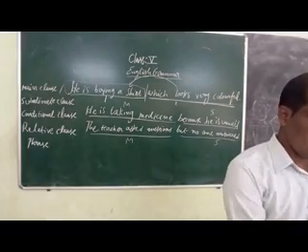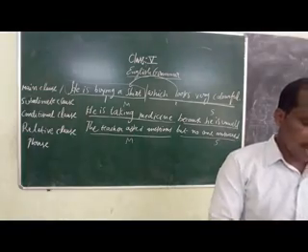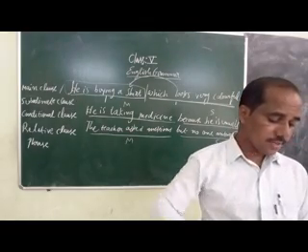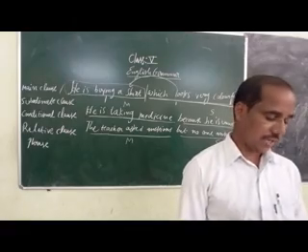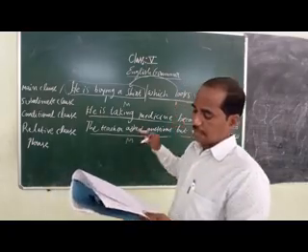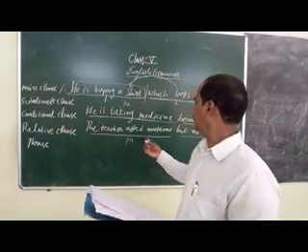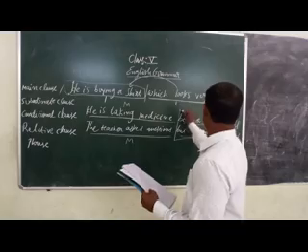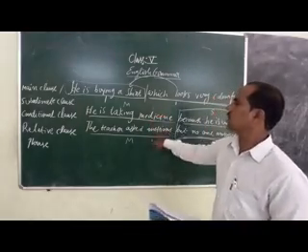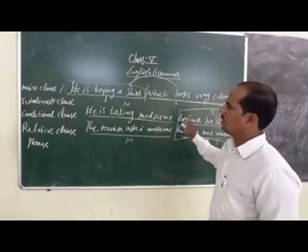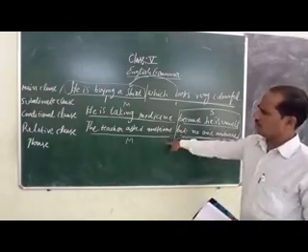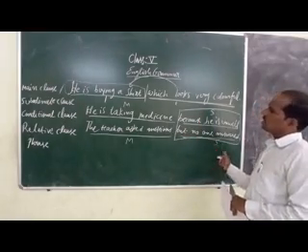Next, subordinate clause. A subordinate clause is also called a dependent clause. It depends on a main clause for its meaning. It has to depend on the main clause so that it gives the meaning. Otherwise, it doesn't stand on its own. It is always a dependent clause, it always depends on the sentence.